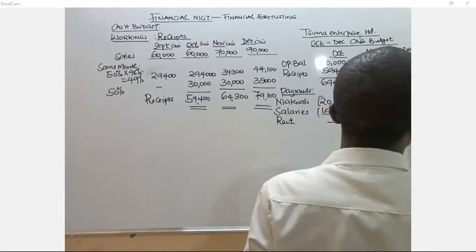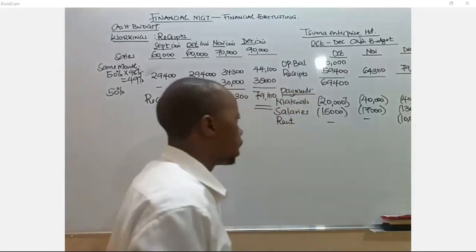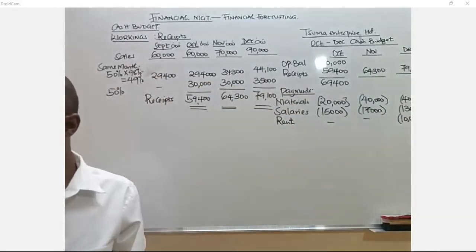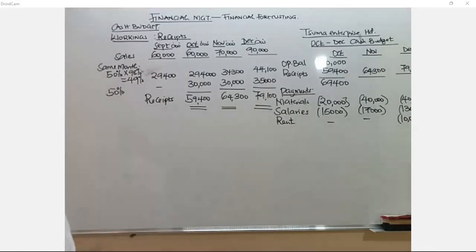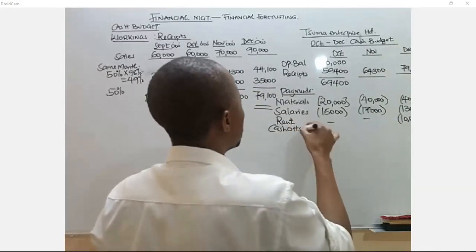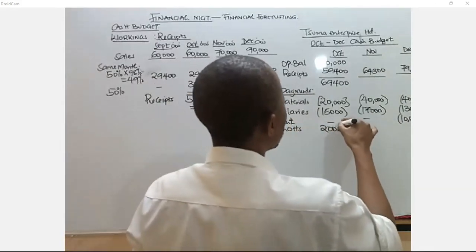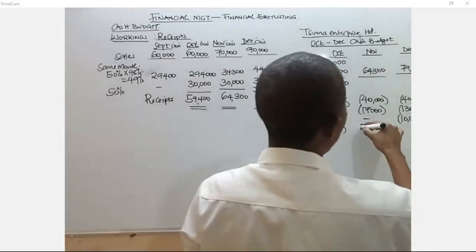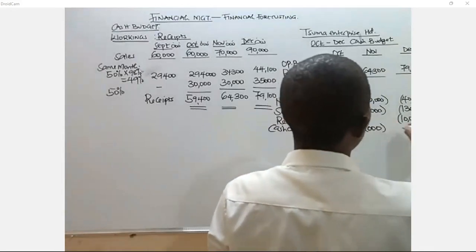We talk about 10,000. And now from there after the rent, I can see we are being told that the other cash overheads of 2 million per month are payable. So in this case, we talk about the cash overheads of 2,000. Here we talk about 2,000.